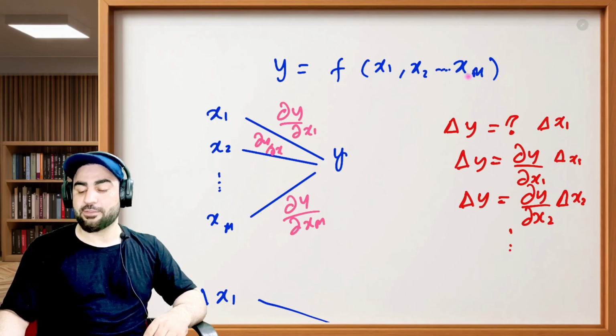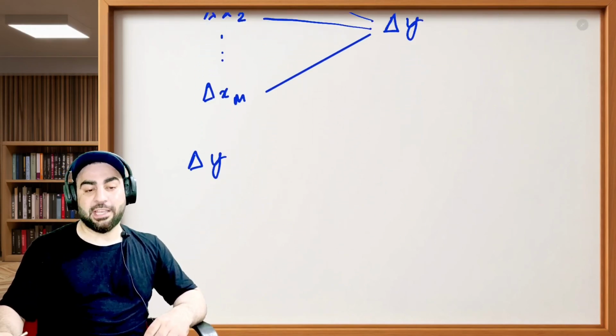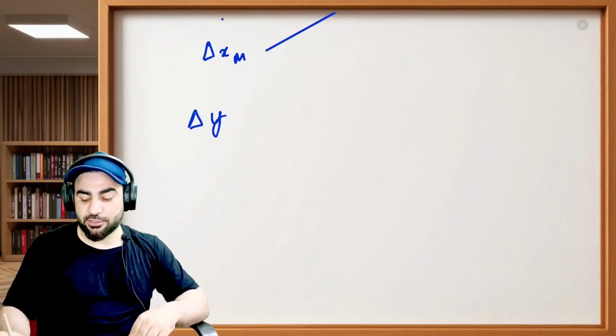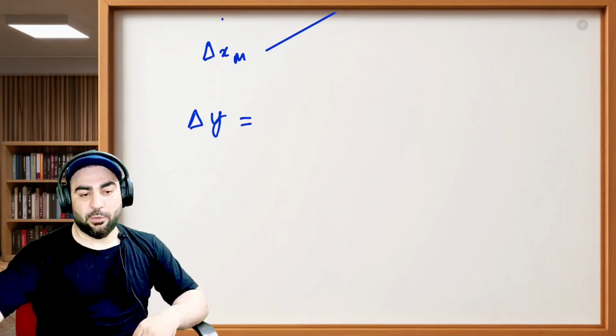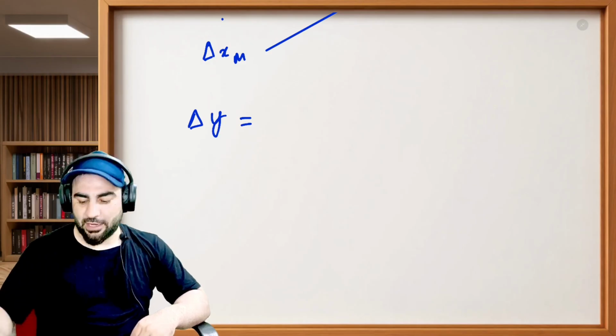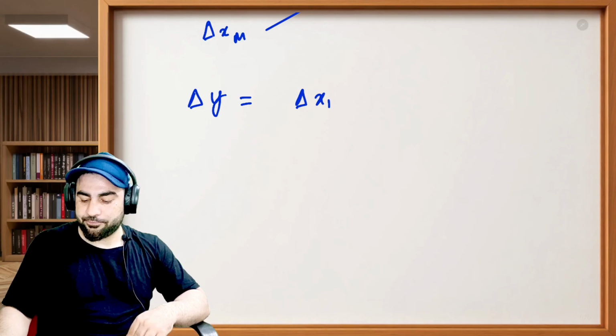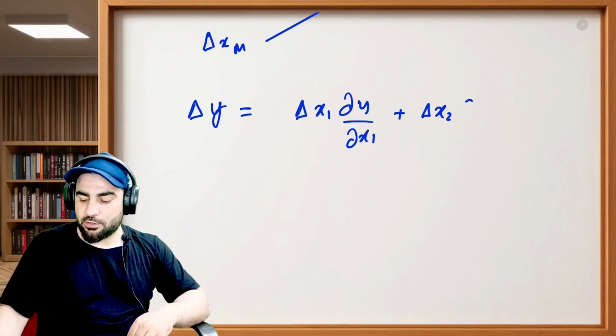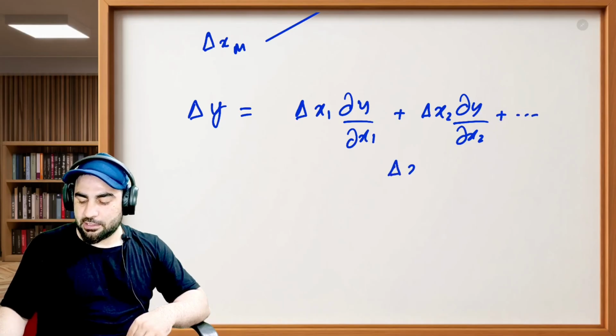I can nudge a lot of these input values. So what I can do is apply the summation rule over here, because this is all going towards the same output. So I can write delta x1 times dou y by dou x1, plus delta x2 times dou y by dou x2, plus, and so on, delta xm times dou y by dou xm.